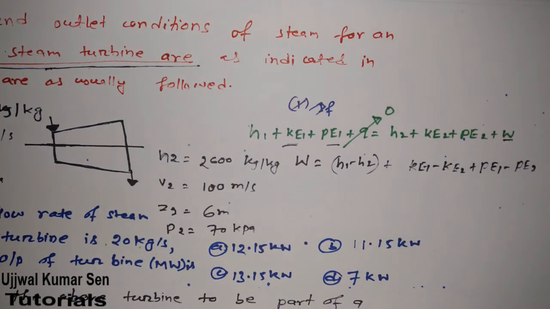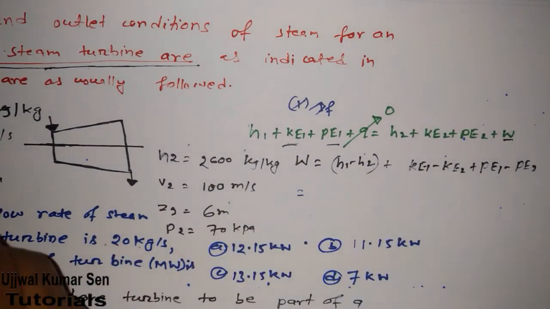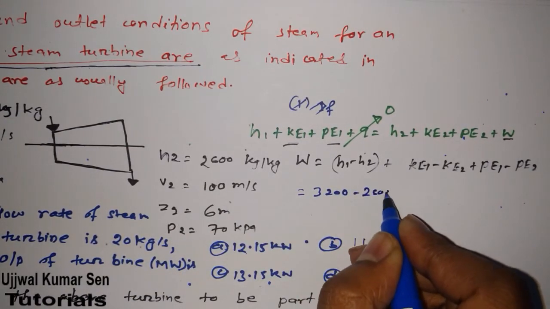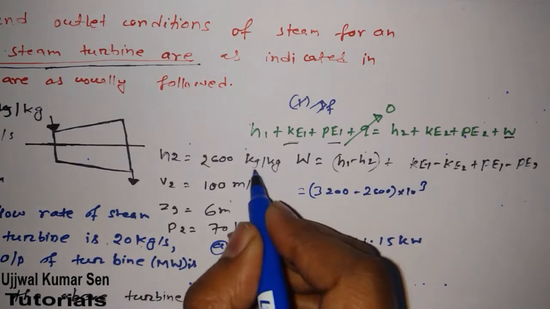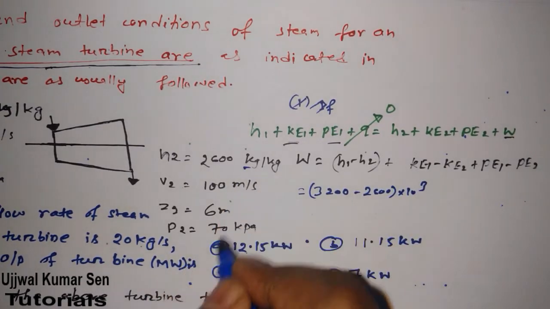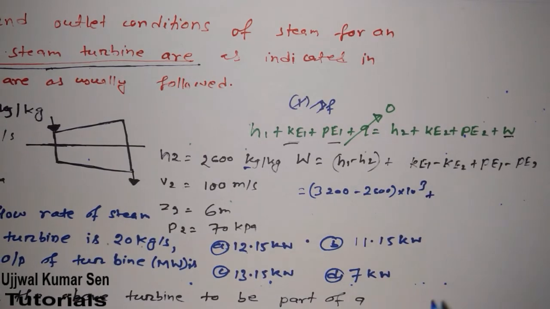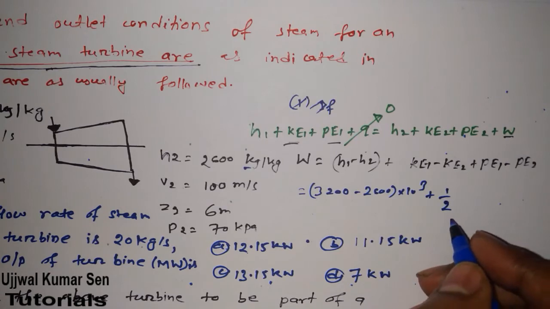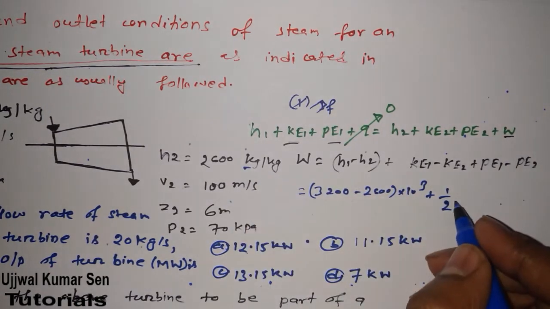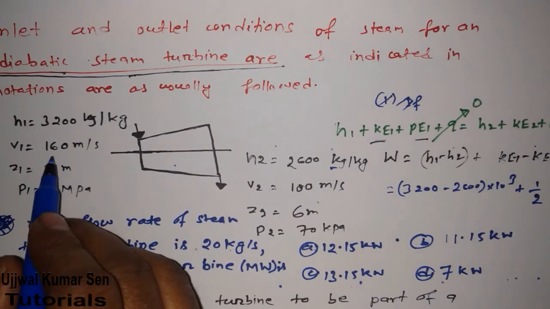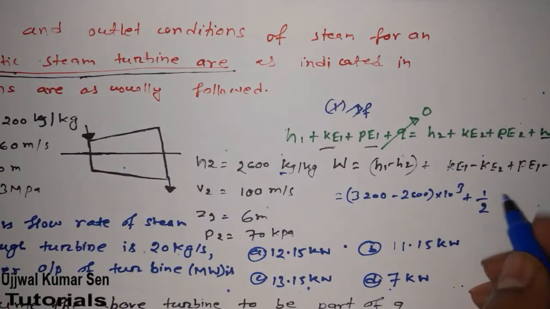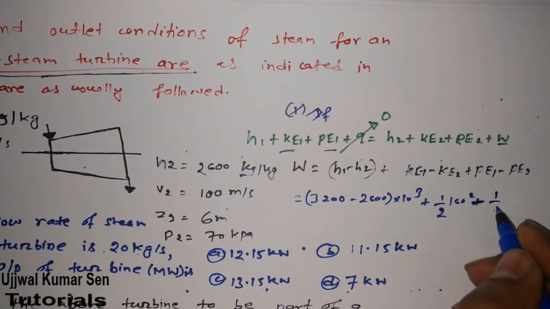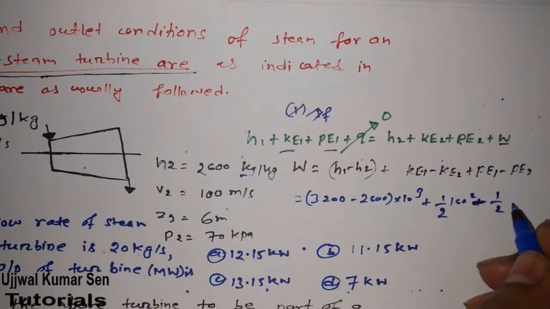So what values do we have here? H1 is 3200 minus H2 2600, and definitely I have to consider kilo, because in these things we usually make mistakes. Now kinetic energy 1 is half mV square. m is 1 unit mass, because we are finding per kg. V square, that is 160 square, minus half V2, which is 100 square.